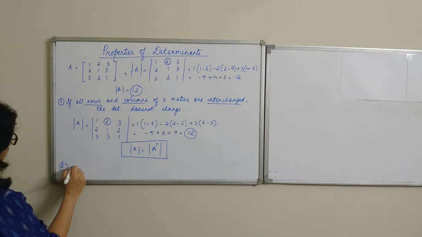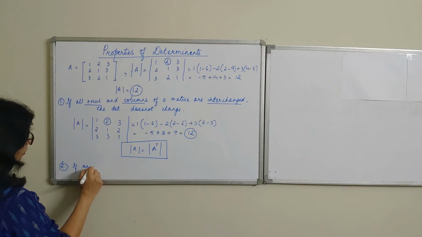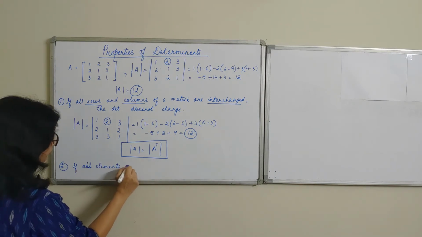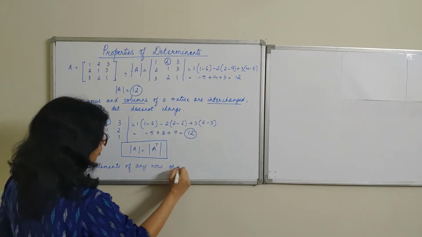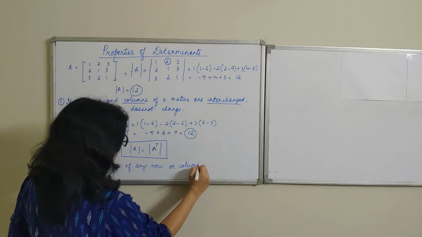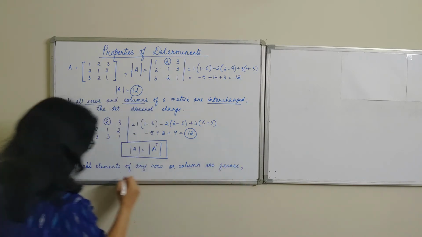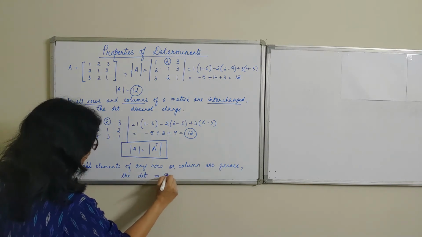The second property, if all elements of any row or column are zeros, the determinant is also equal to 0.